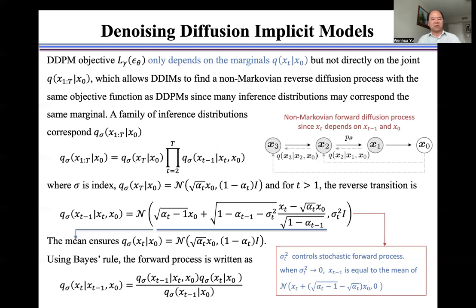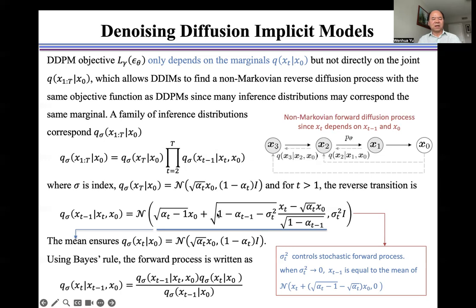A family of inference distributions corresponds to Q sigma, defined as here, where sigma is the index and Q sigma is calculated from this normal distribution, and for t larger than 1, the reverse transition is calculated from this normal distribution.